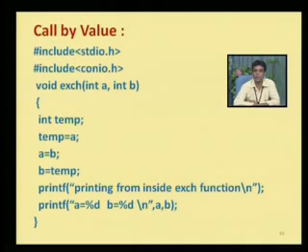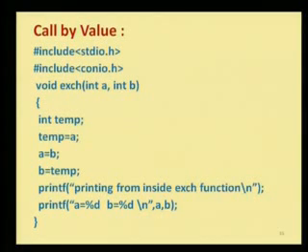Suppose we have a particular value of a, then we put that value into temp, and then we exchange the values of a and b. Suppose a equals 2 and b equals 3. We put 2 into temp, and we assign a equals b. Now the value of a equals 3 and temp equals 2.